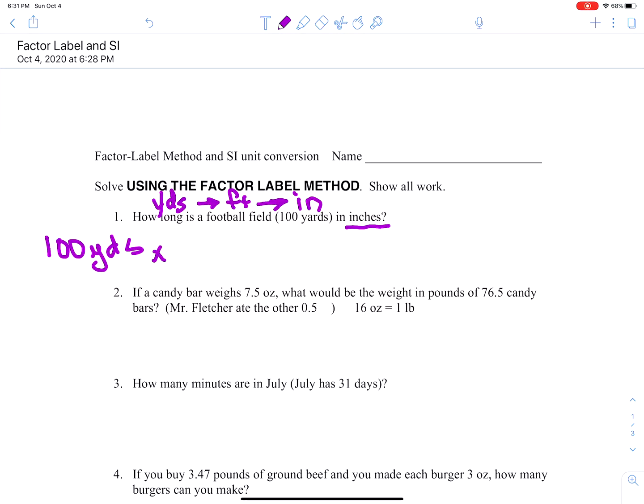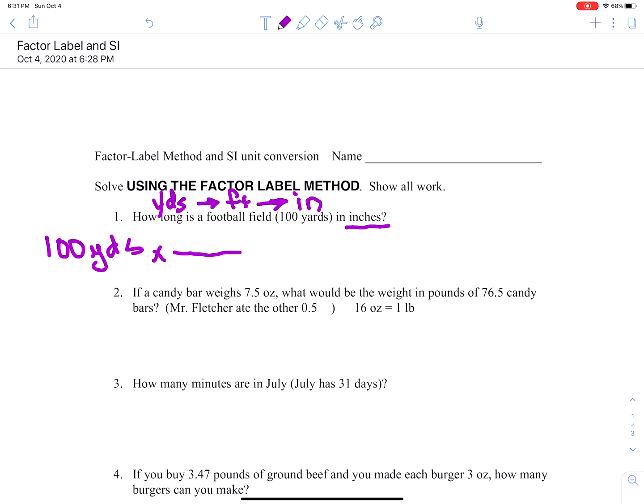So if we look here, now some of these conversion factors you have to look up. So it's okay, use the internet to look them up if you don't know them. You won't be expected to know them. The only ones that you'll be expected to know are the ones like the metric system, what we've been learning, like 1 meter is 100 centimeters, 1 liter is 1,000 milliliters. Those things you're expected to know.